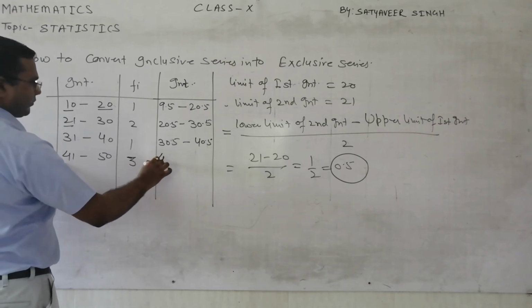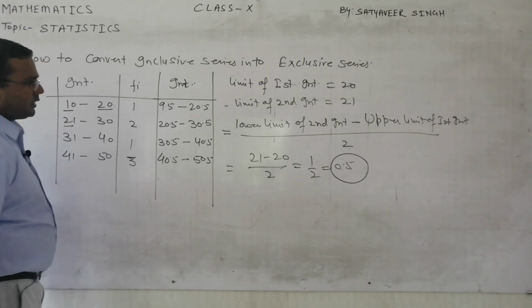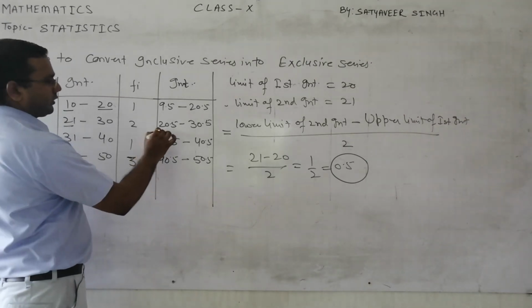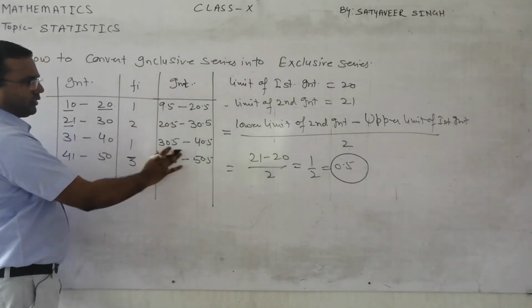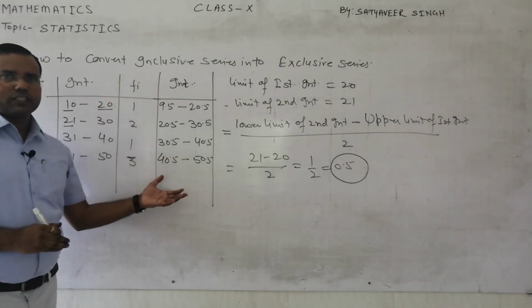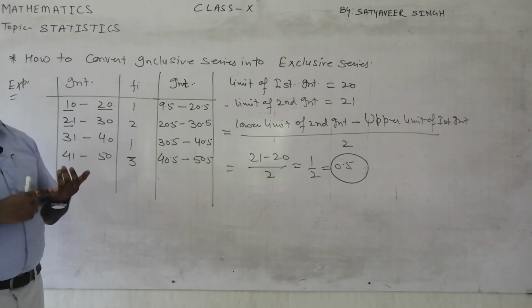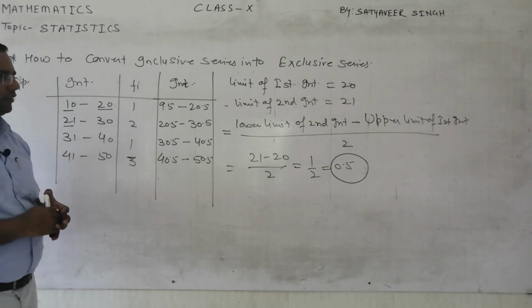Then again it is 40.5 and this will be 50.5. So in this way you can see now the series converted into exclusive series, and now we can find out the mean of this series using any method of calculating the mean, like shortcut, assumed mean or step deviation.